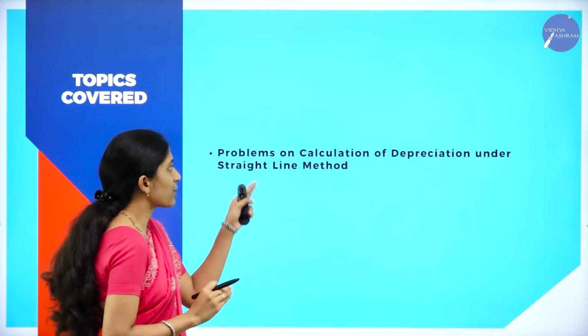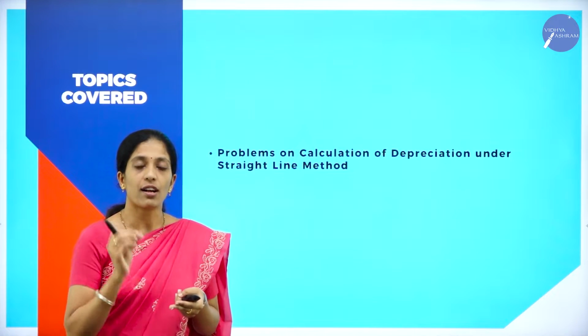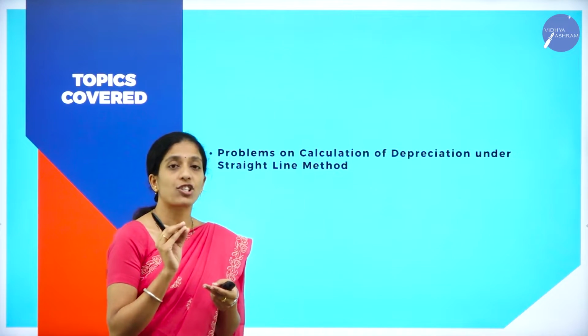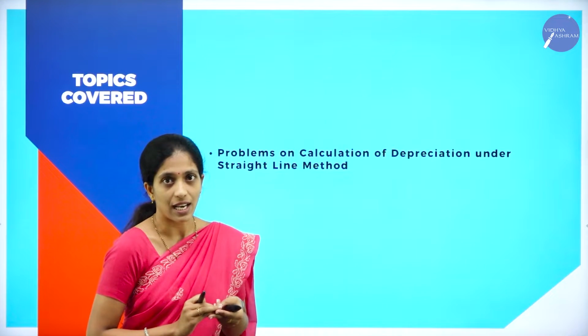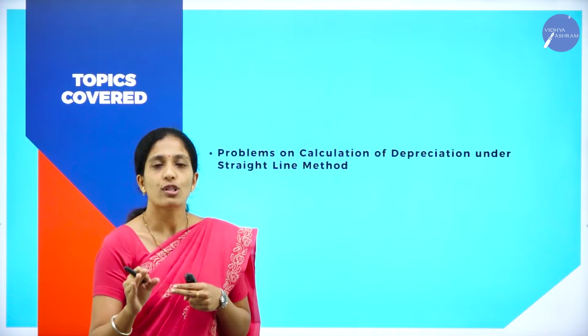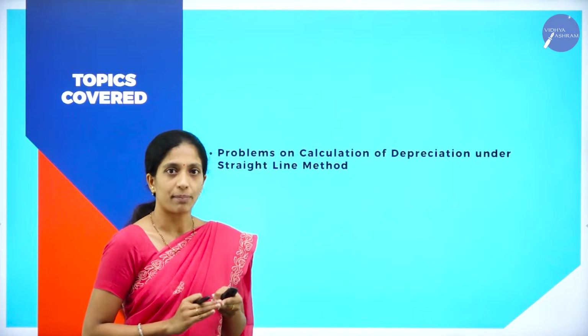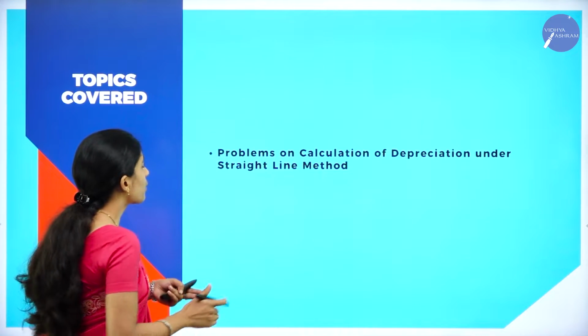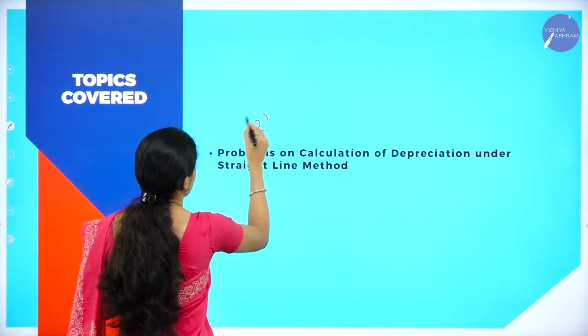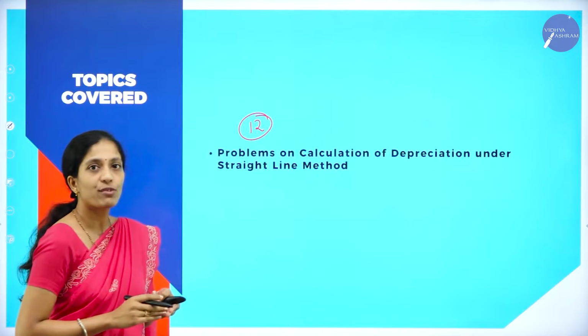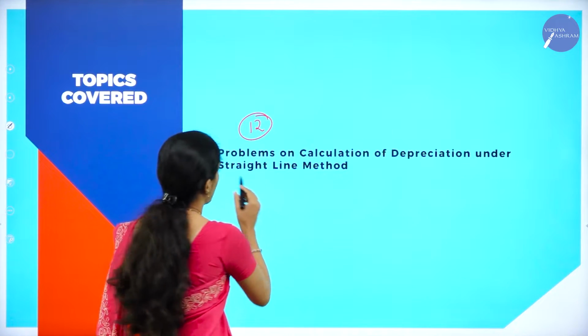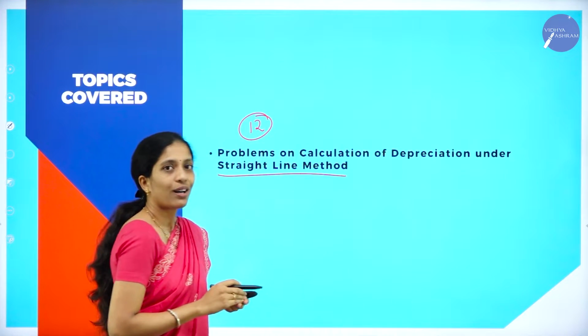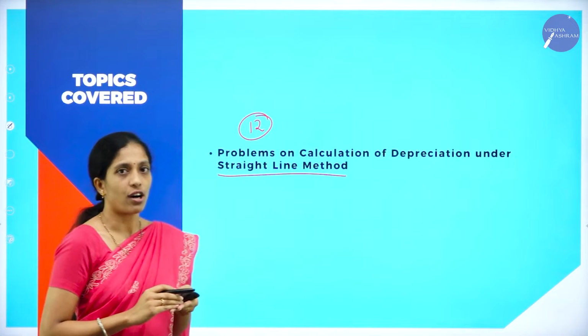So it is known as straight line method. And always we are going to calculate depreciation on original cost of the asset. So straight line method is also called as original cost method. This is a 12 marks problem we have discussed in a previous session, that is problems on calculation of depreciation under straight line method, or it is also called as original cost method.